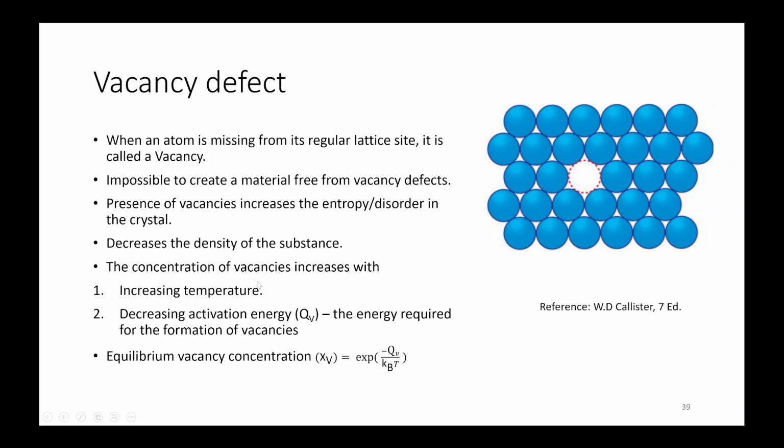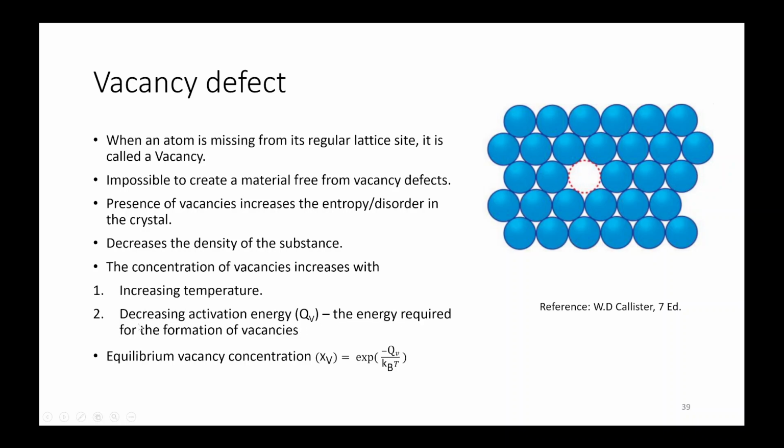Now the concentration of vacancies increases if we increase the temperature. If we increase temperature, the material will have more vacancies, and also by decreasing activation energy. This is specific to particular materials, so depending on the material, at a particular temperature it can have a different number of vacancies.